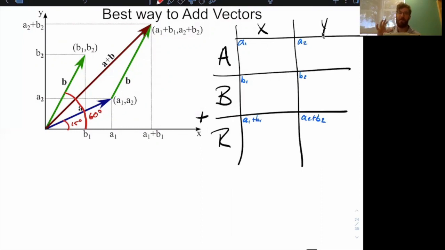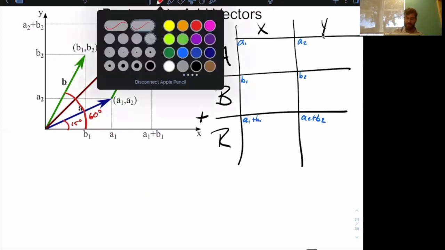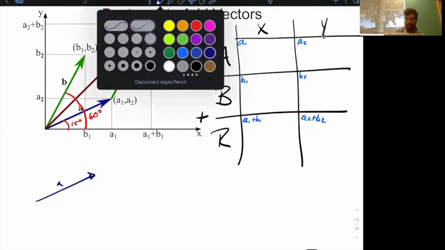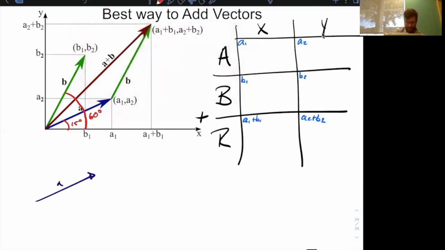I'm going to keep the magnitude as just A and B. So now we actually have to sit down and break our vectors down independently. Here I have AY and AX, X and Y components for each vector, right? And I can break these down using my trigonometric identities.